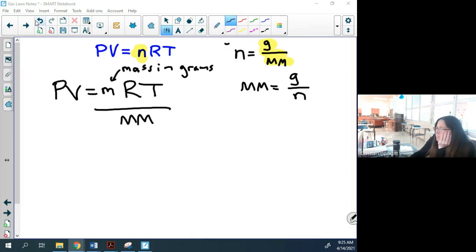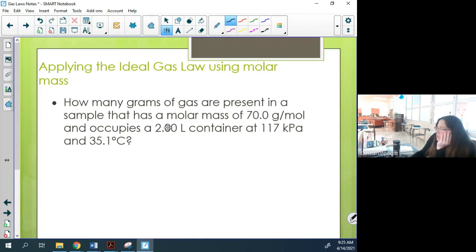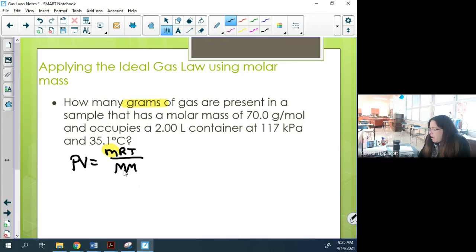Okay, ready? So here we're going to be solving for that mass value. When we had our thing over here, we had PV equals MRT over MM. We need to get this little m by itself because that's what we're solving for. So algebraically, I'm going to multiply both sides by MM.